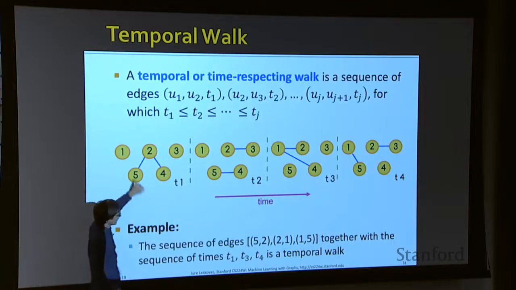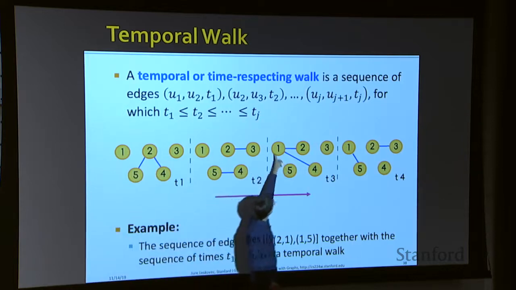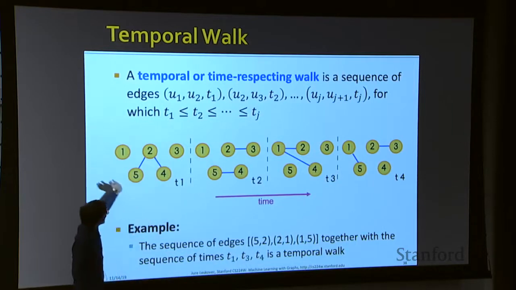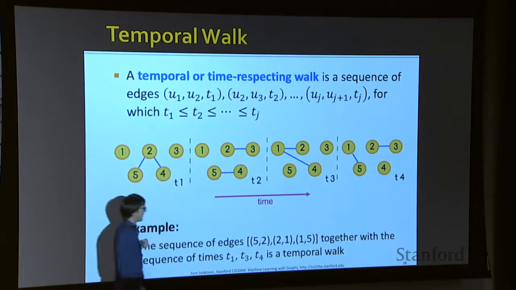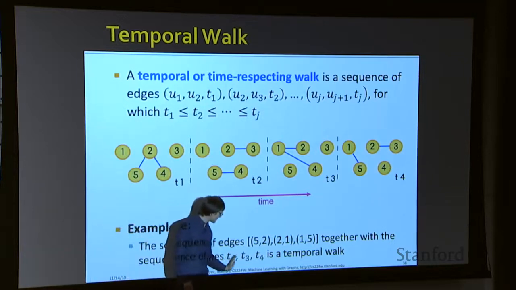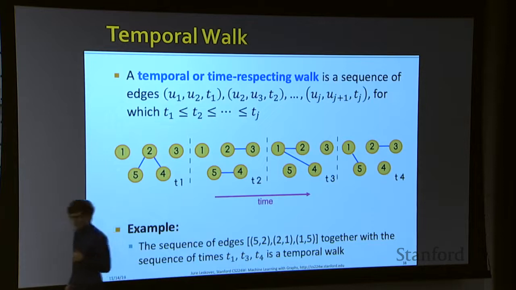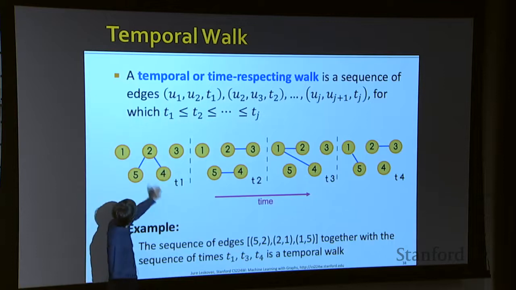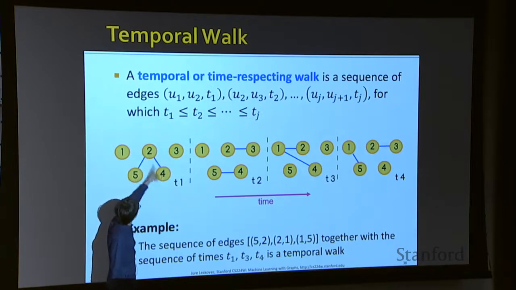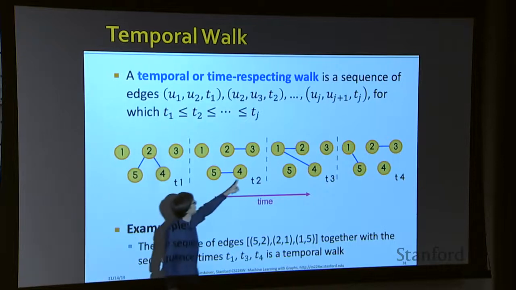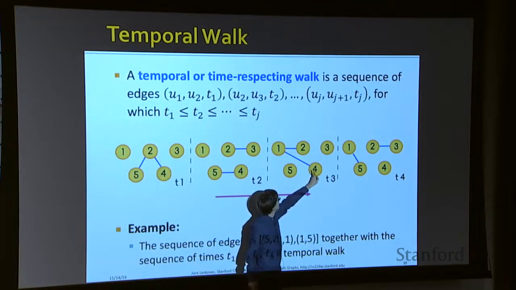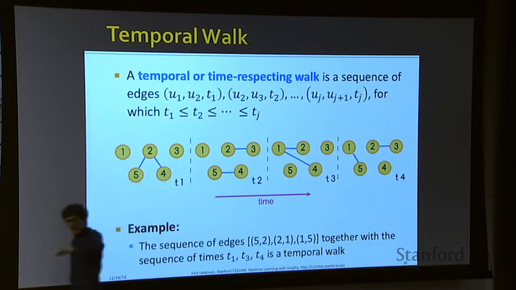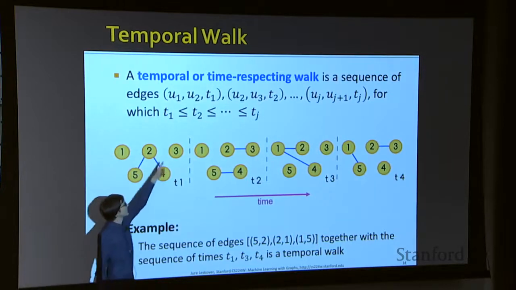So for example, 5, 2, 2, 1, 1, 5 is a valid walk, because I'm traversing edges one after the other, meaning that the times when I traverse the edges are non-decreasing or are increasing, right? Notice the way we defined it, you could do 1, 2, 4, 2, 4 in this step, and then in the next step you could wait and do 4, 1, 1, 2. That would still be fine, because you can traverse multiple edges in the same time step, given the definition.